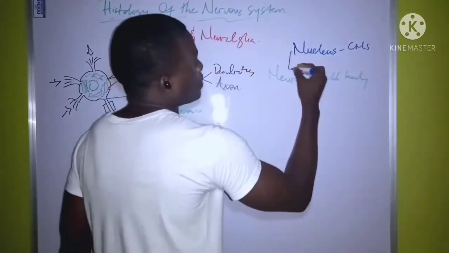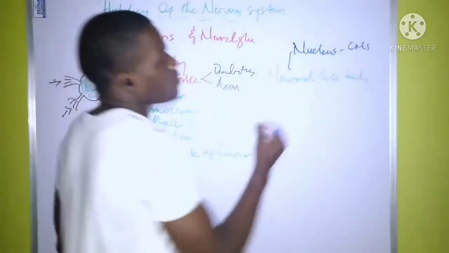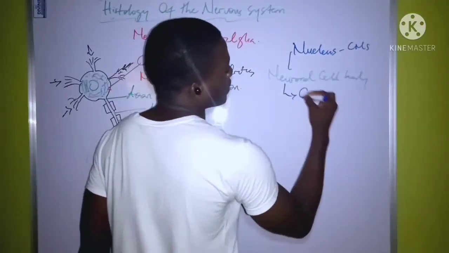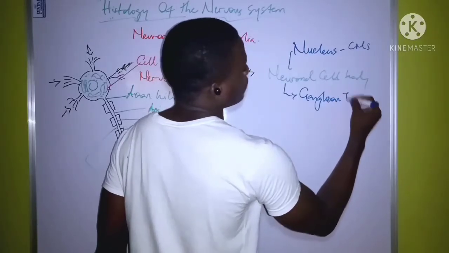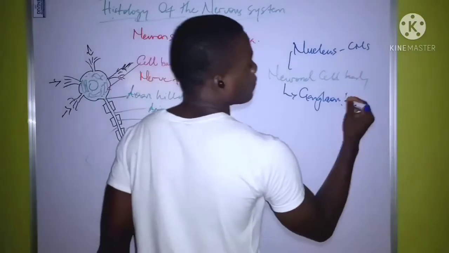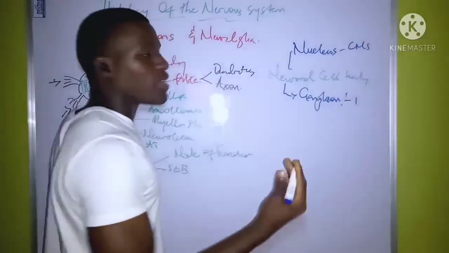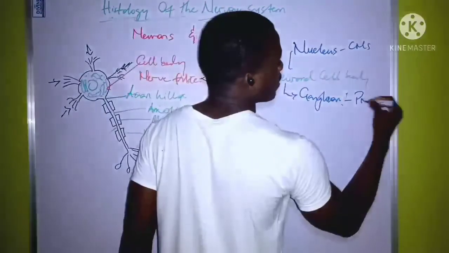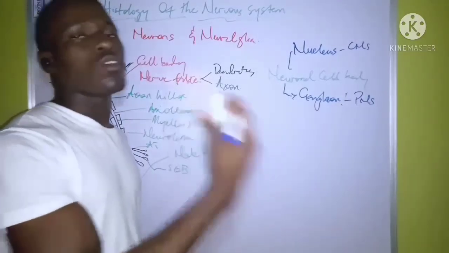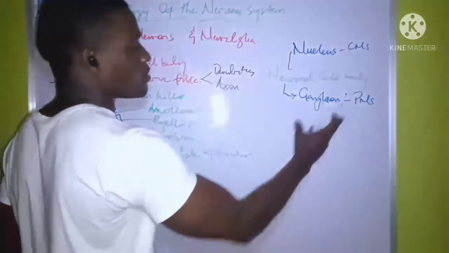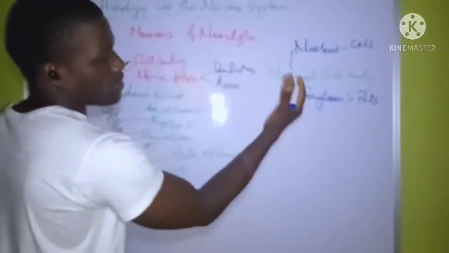And for the peripheral nervous system, a group of neuronal cell bodies is called a ganglion. They are usually found at the outer part of the central nervous system, extending from the spinal cord or the brain. You can find the ganglia there. They are formed by a group of neuronal cell bodies.